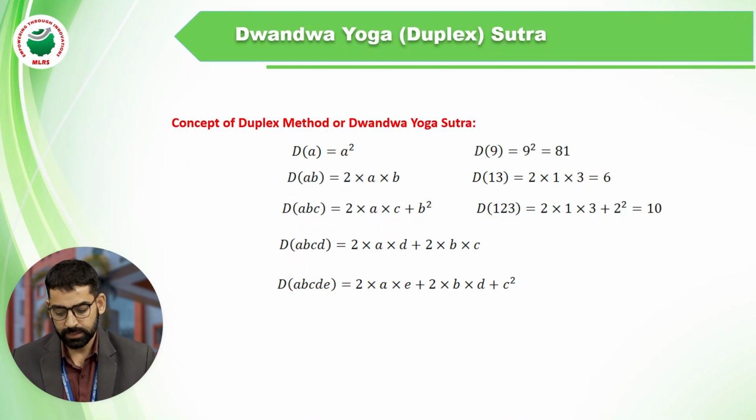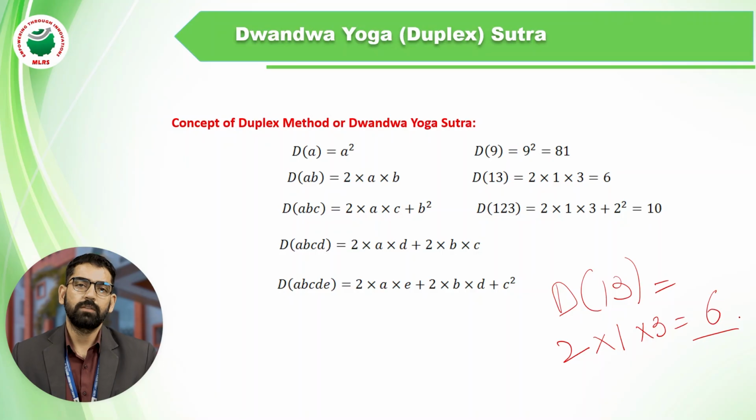We have taken an example as well. D of 13, a 2-digit number, equals 2 into 1 into 3, that is 3 into 2, which equals 6. So the duplex of 13 is 6.